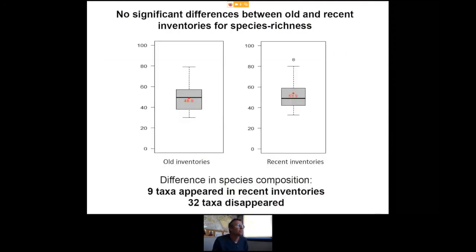And so, an interesting result: there was no significant difference between old and recent inventories, which is quite good because it means that we work like our past colleagues. We've got no difference in species richness, but we do have a difference in species composition, as 9 taxa appeared and 32 taxa disappeared.